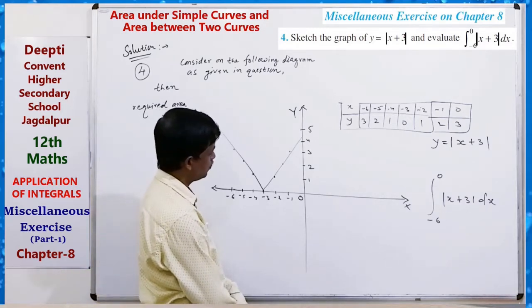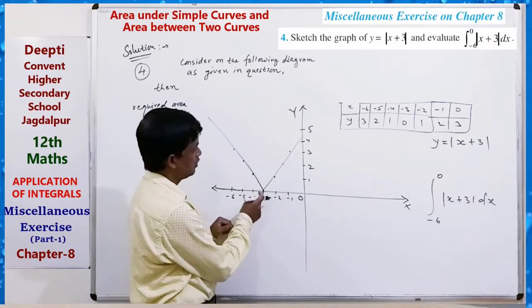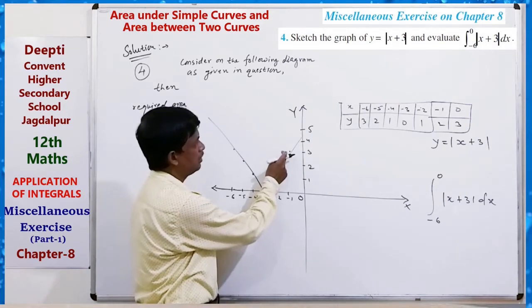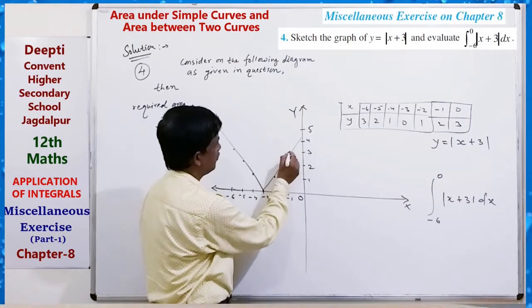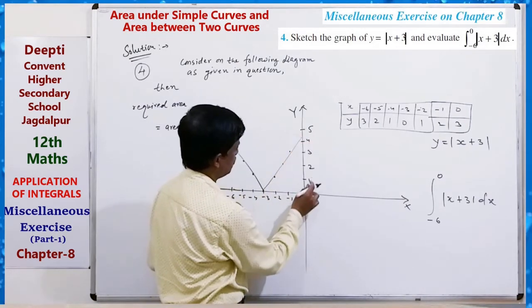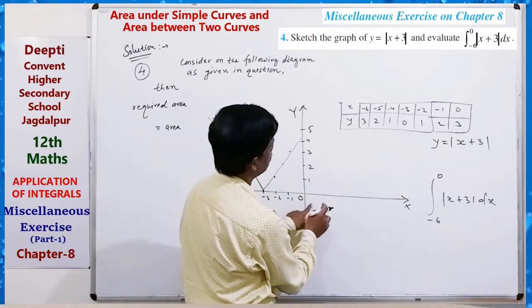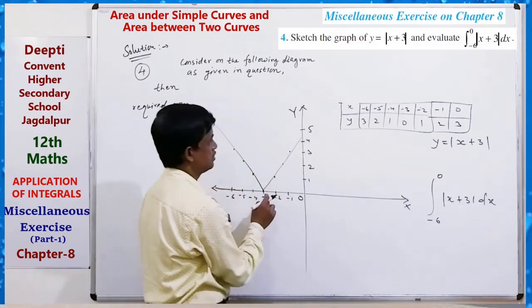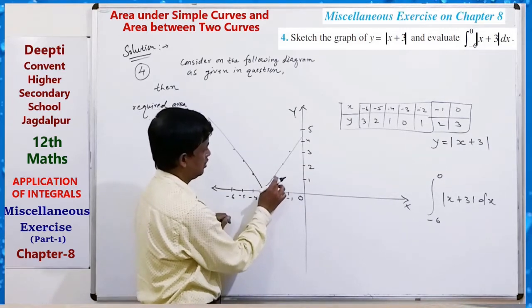Minus 5 then 2. Here this is 3 and then 1, then 4 and then 5, up to y equals 3.